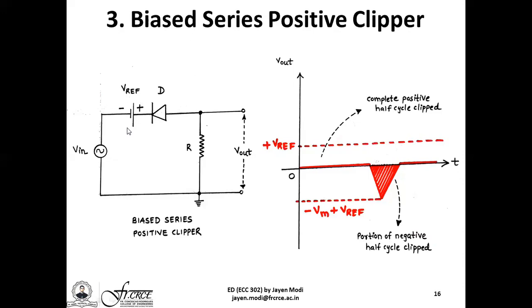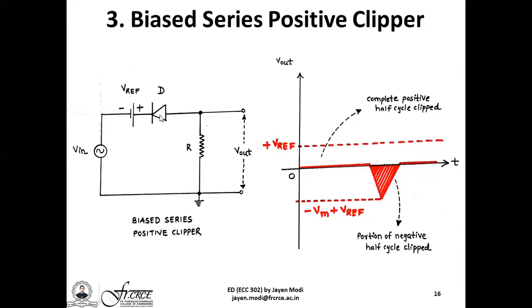When you have a DC reference voltage connected with the diode, please keep in mind, since the battery is exactly in series with the diode, it simply does not matter whether you connect the battery before the diode or after the diode. It makes no difference because ultimately in either case, both these circuit elements are exactly in series.